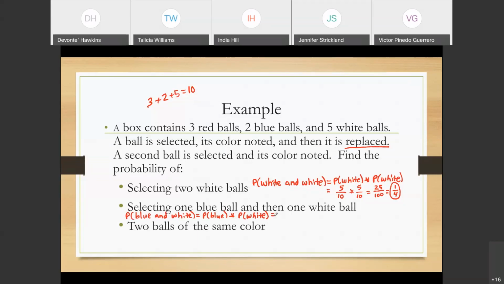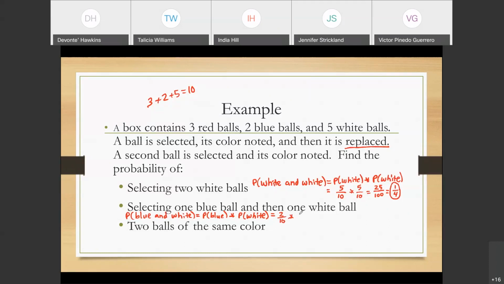So what did you put down for the probability of picking a blue one out the first time? It'd be 2/10. Good, yeah, 2/10. Everybody agree with that? There are 2 blue ones in the box. There are 10 altogether. And then we already did the white one.